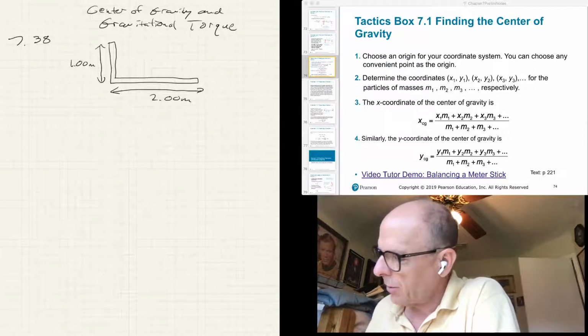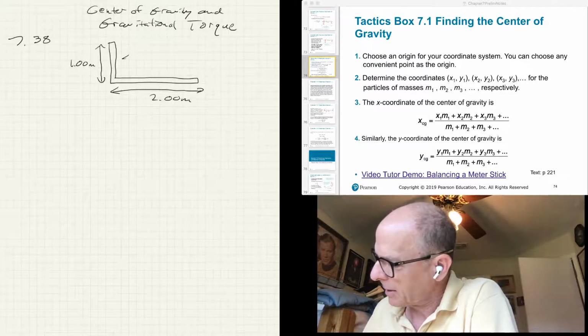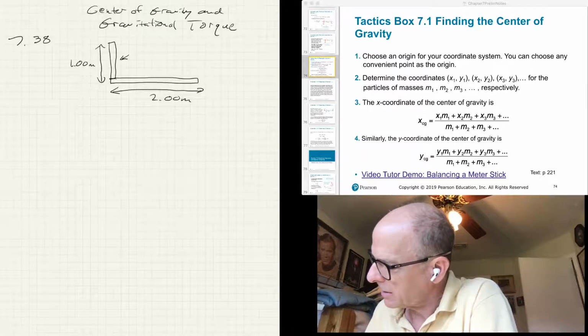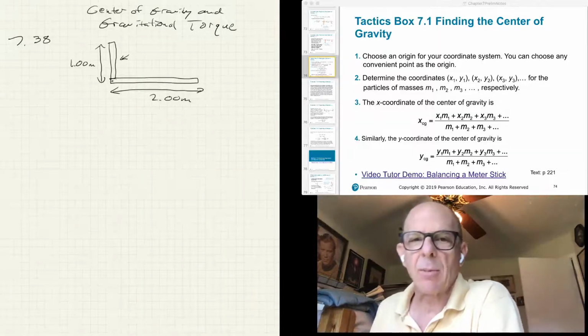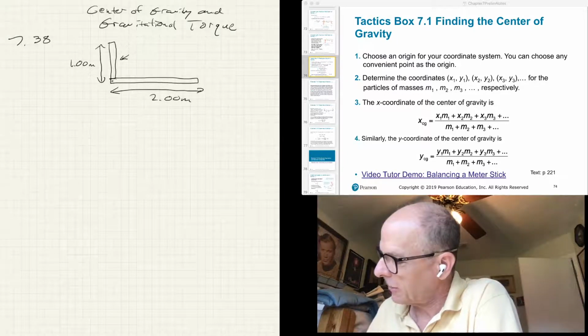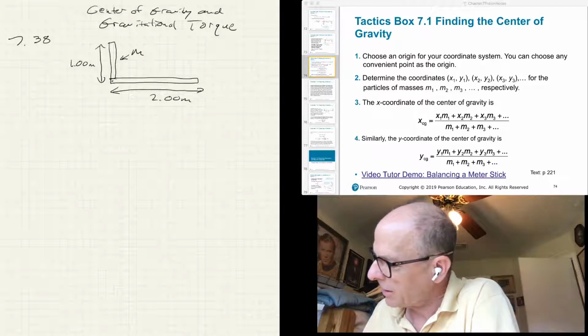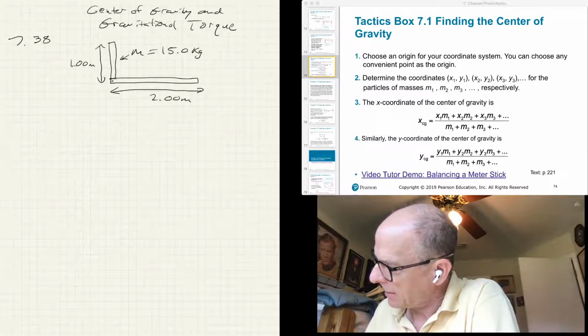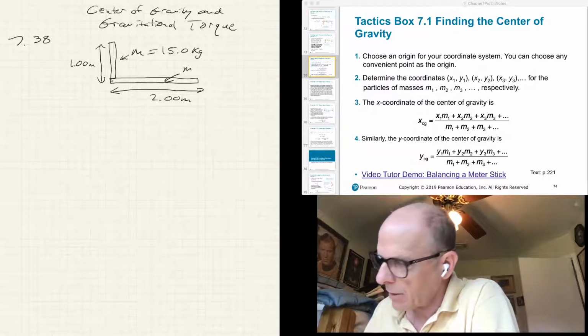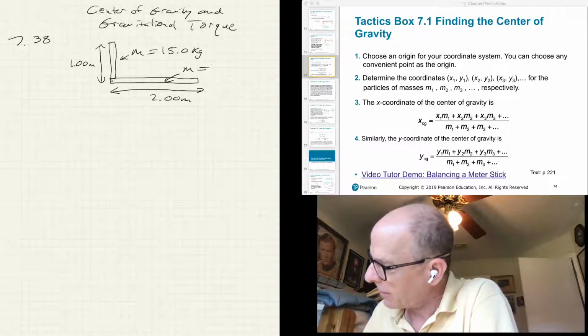And we are told, drawing a little pivot point there in advance, that the mass of the vertical beam is 15 kilograms, and the mass of the horizontal beam is 25 kilograms.